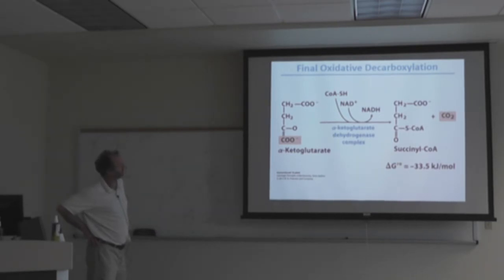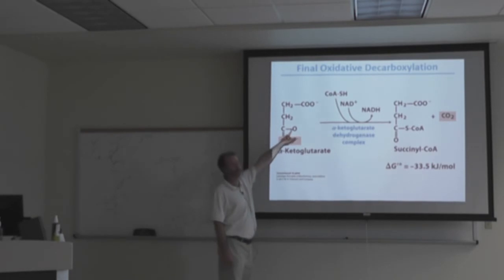It's an odd picture of alpha ketoglutarate that the book gives you there, right? That doesn't look quite right, does it? First of all, this should be the carbonyl here, and you should have a single carbon-carbon bond there.